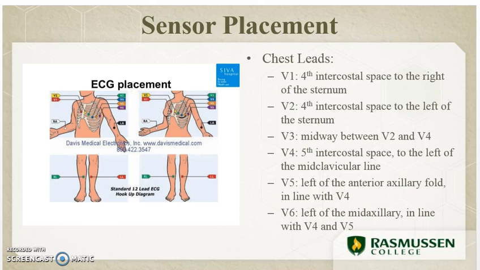All others will. V1 through V6 are going to be placed on the chest. And you can see here on the slide, I actually have put where those are, as well as a nice little picture for you. I know this is something that you will be doing in your lab classes this week, so pay very close attention when they talk about them in your lab classes, okay?